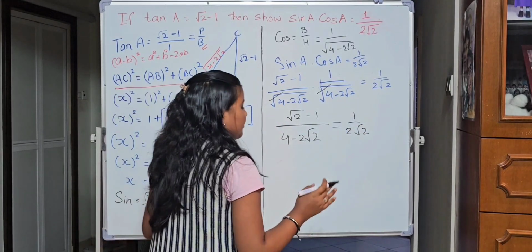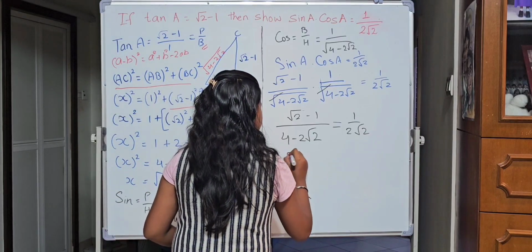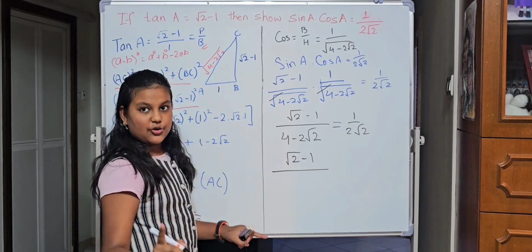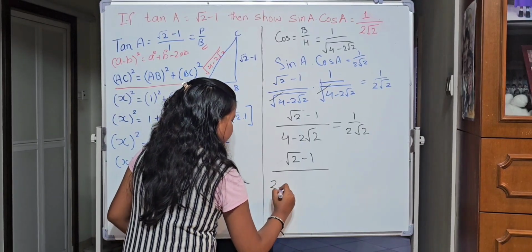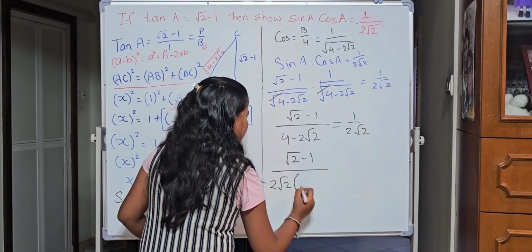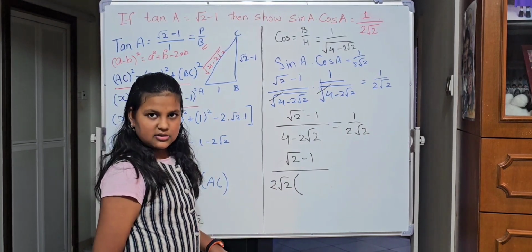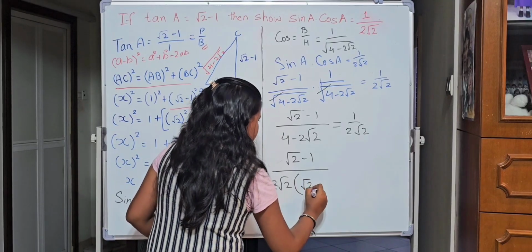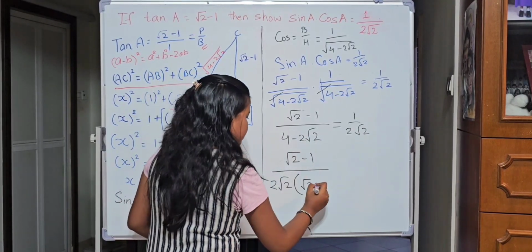Clear? Now, we have to take the common. The first one remains the same, root 2 minus 1. But the second one, we are going to take common and simplify it. Understood? 2 root 2. Now, if you want to get 4, what do we multiply 2 root 2 with? Yes, root 2. So 2 root 2 into root 2 will equal this.